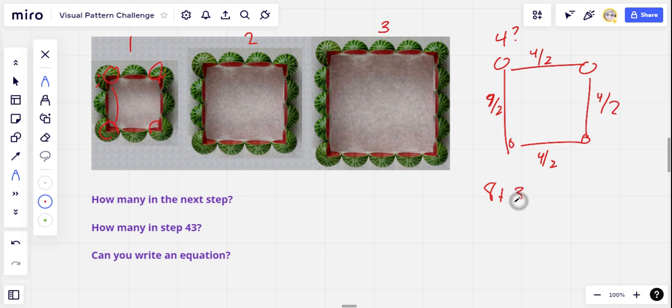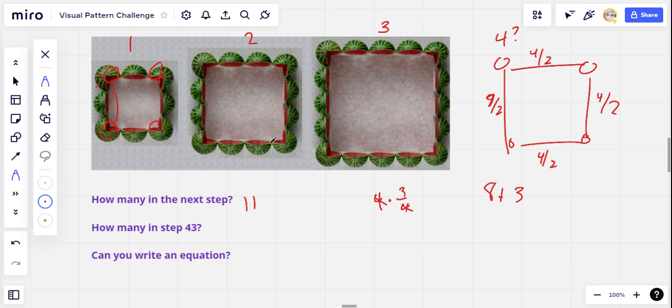So that should be 3 for the corners. Another way to think of that is you have 4 times 3/4, because each melon is 3/4 of a melon, and 4 times 3/4 would just cancel and give you 3. So either way, it comes out as 3 melons. So in step 4, I'm going to have 8 plus 3 melons, or 11.